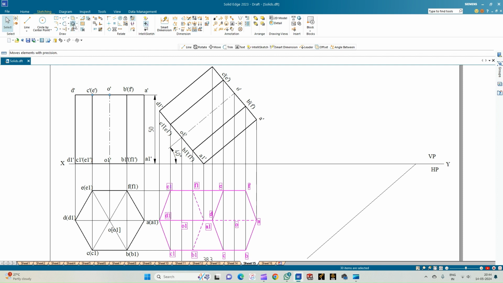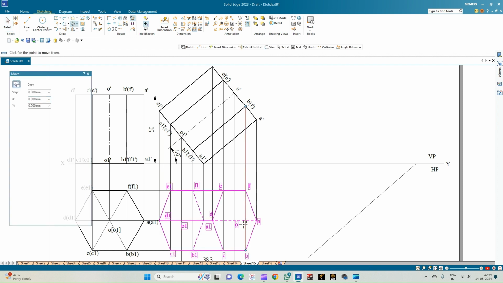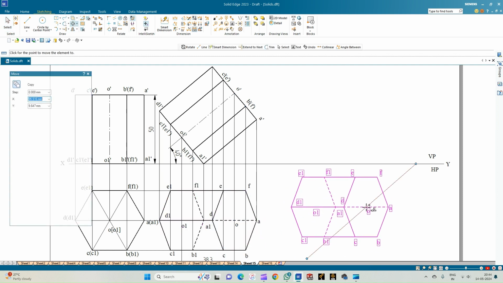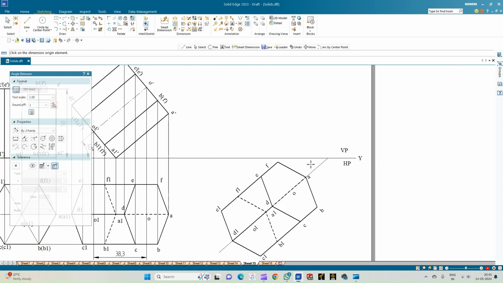Now let us select the move option and ensure the copy is on. Keeping O as the reference point, let us move this onto the 41 degree line, and then rotate, keeping the axis inclined to VP at an angle of 30 degrees, but appearing to be inclined at an angle of 41 degrees. That is the beta angle.